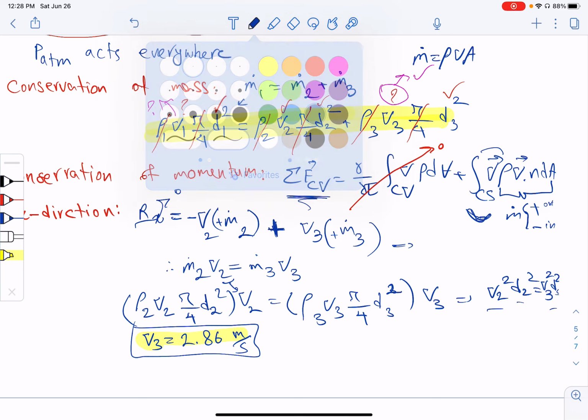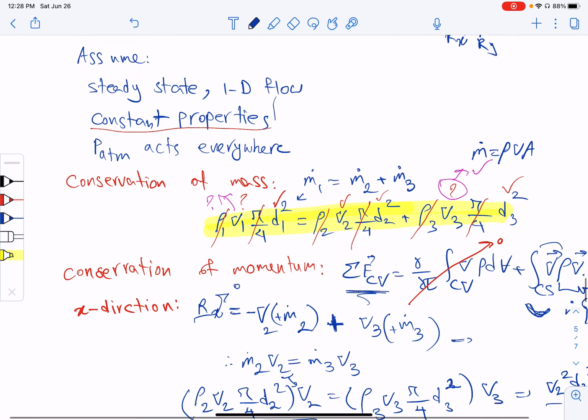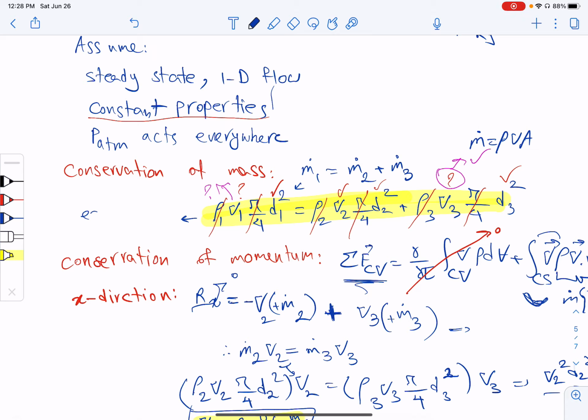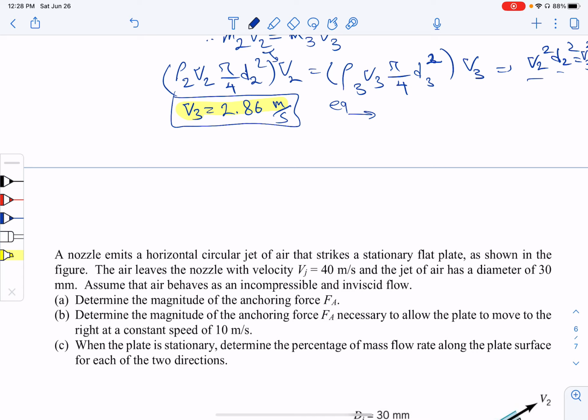So let me name this equation 1. If we substitute V2 in equation 1, then from that we are going to get V1 as 9.61 meter per second.